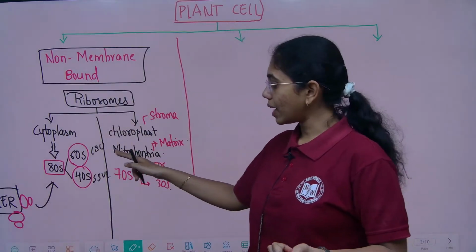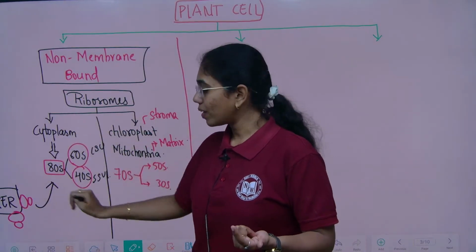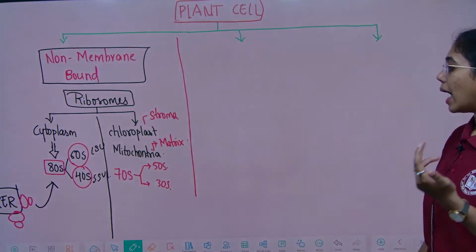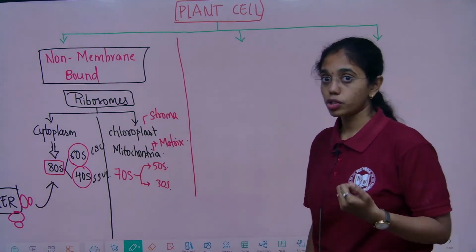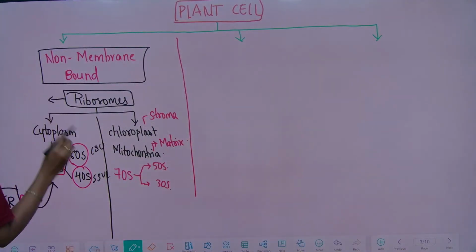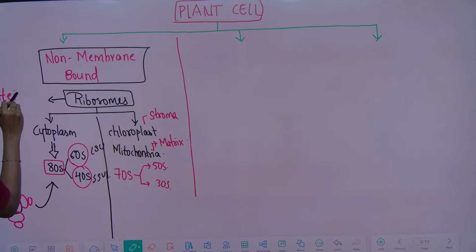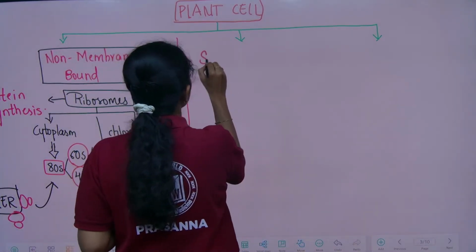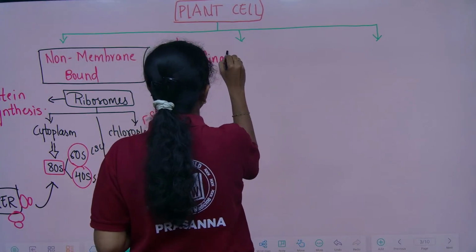Inside the cytoplasm, where they are freely present, over the surface of rough endoplasmic reticulum, inside the chloroplast stroma and in the mitochondrial matrix. What is the major function of these ribosomes? The major function of the ribosomes is protein synthesis. Second is single membrane bound organelles.